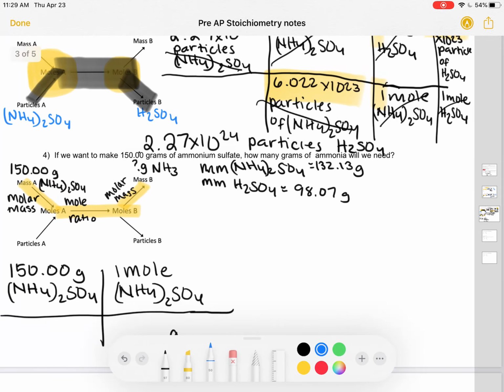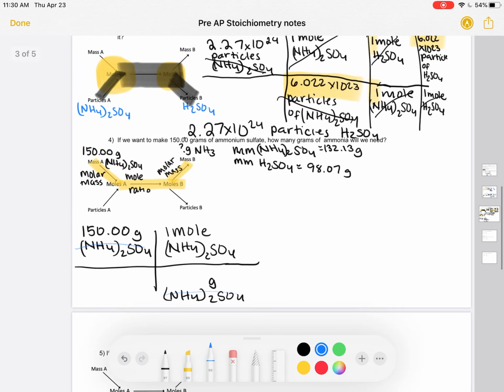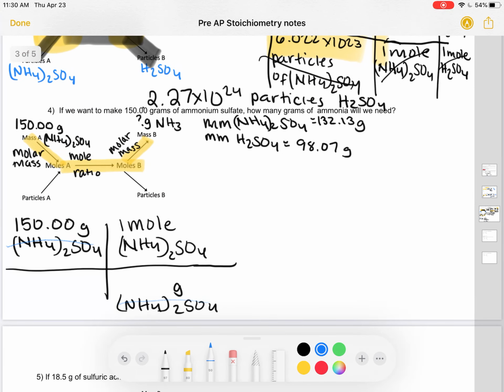Okay, so now grams of ammonium sulfate cancels, but I have to fill that number in, and that number is 132.13 grams. So now I've made it to the number of moles of ammonium sulfate.